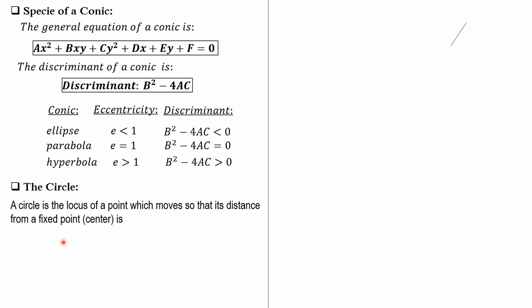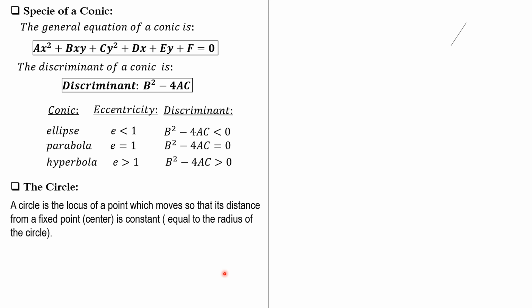So the reduced general equation of a conic with b equals 0 is, if we set b equals 0, we make the axis of the conic parallel to the coordinate axes x and y.